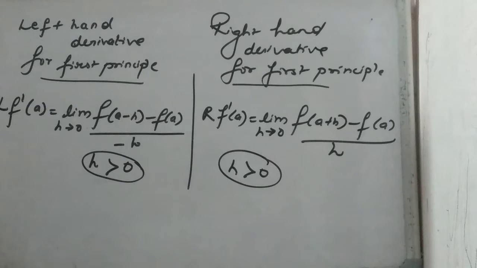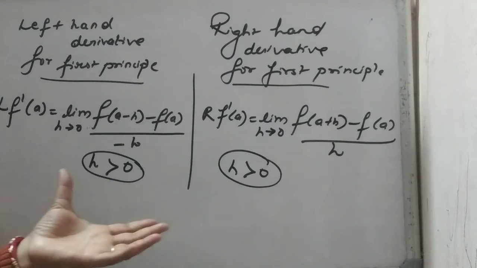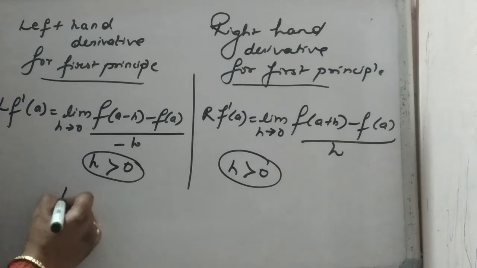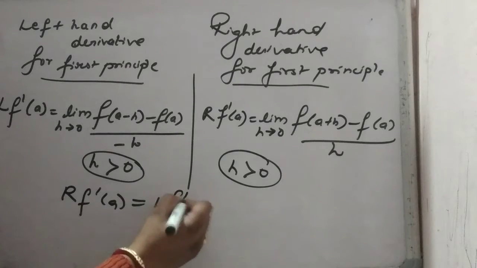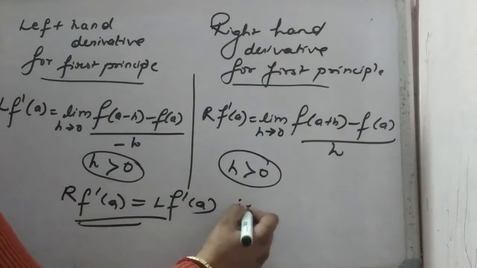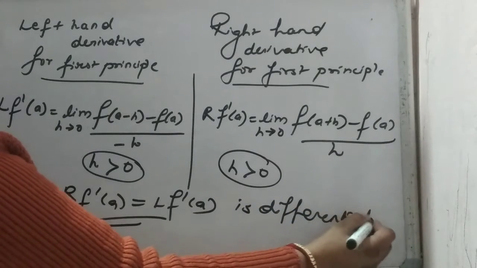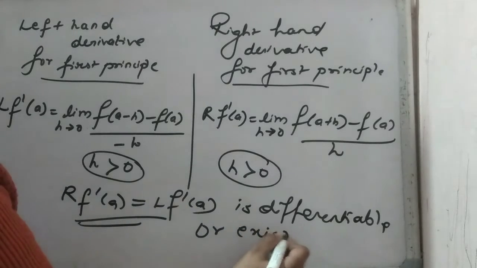Second thing, if it is asking whether the given function is differentiable or existing, again you have to do the same thing, find both the values. If the right hand limit and the left hand limit are both equal, then only you can say the given function is differentiable, or we can say it exists, these two words.